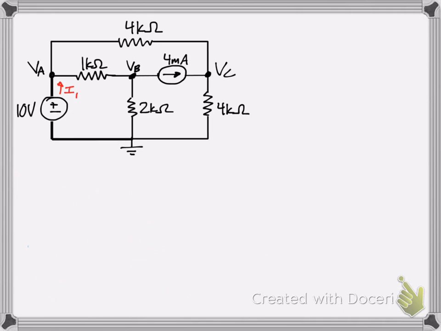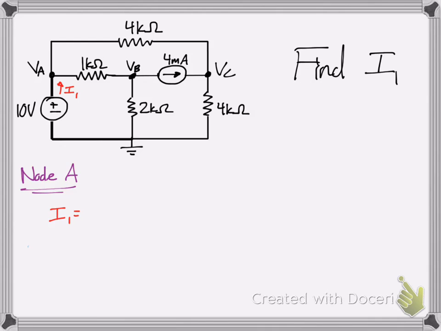Nice. Next, we're going to try to find I1, and we're just going to do a loop around that lower base there for node A. So I1 would be equal to VA minus VB over 1. So we have the current from A to B there over the 1 kilo ohm resistor.